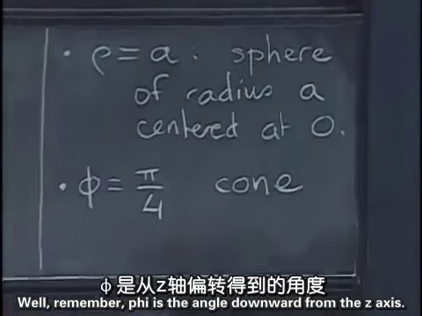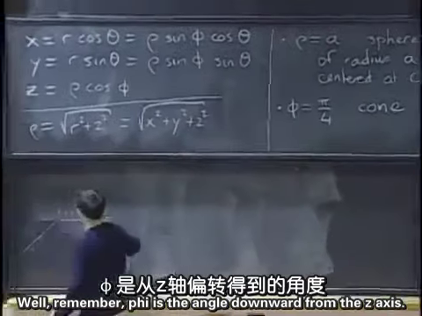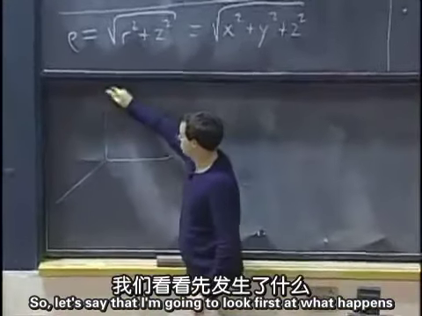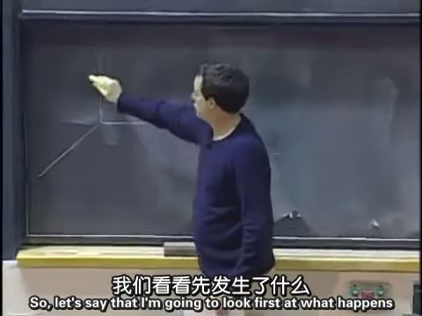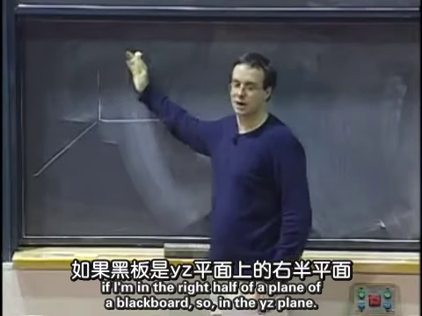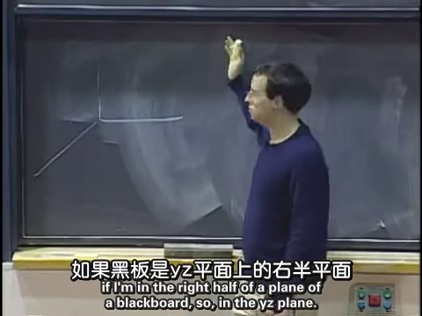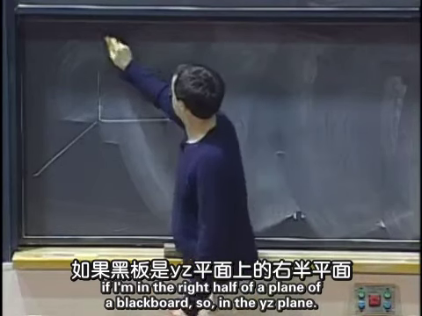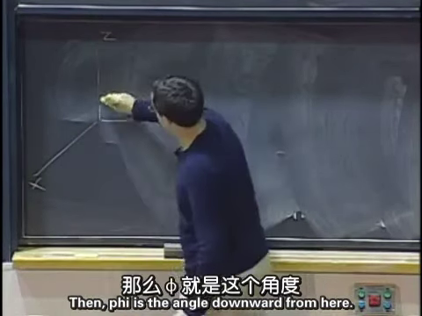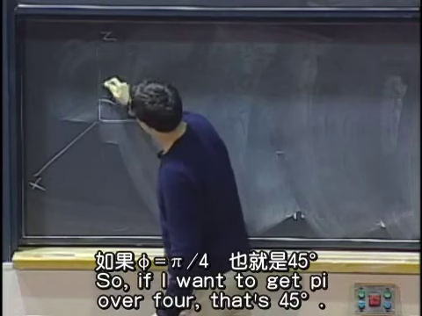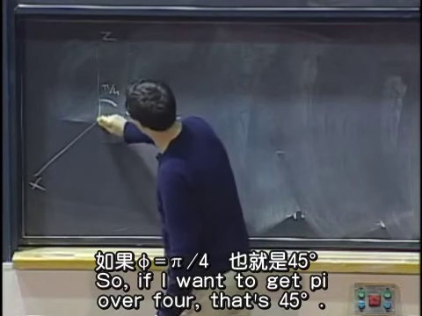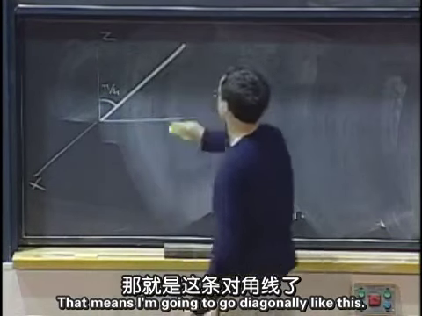Well, phi, remember, phi is the angle downward from the z-axis. So let's say that I'm going to look first at what happens if I'm in the right half of the plane of the blackboard, so in the yz plane. Then phi is the angle downward from here, so if I want to get pi over 4, that's 45 degrees. That means I'm going to go diagonally like this.